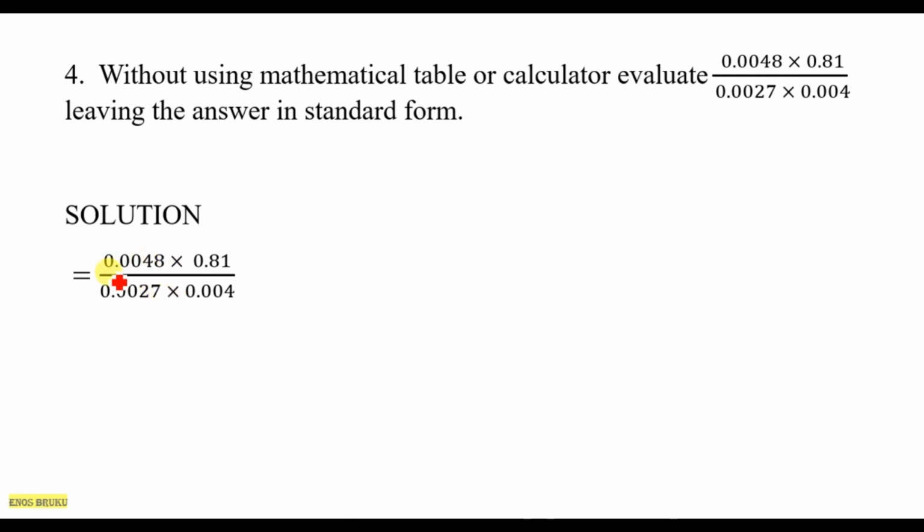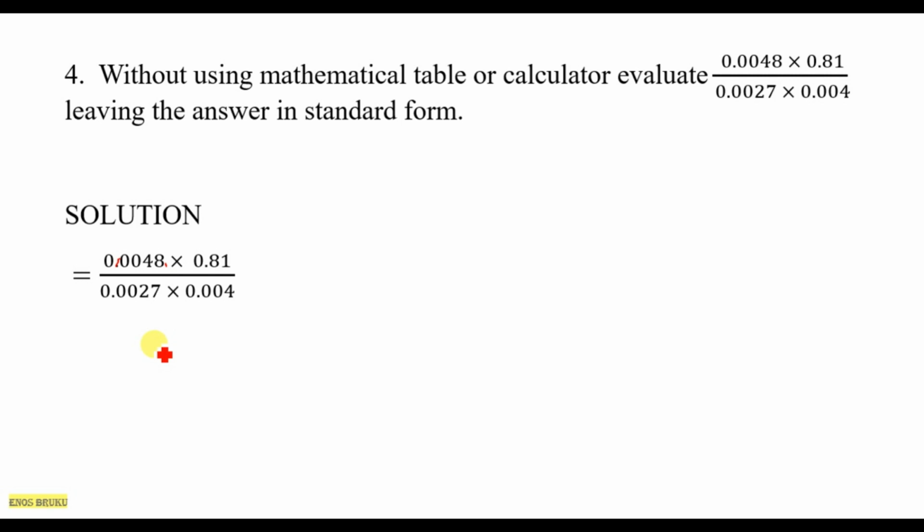So what comes to mind is, let's remove the decimal point, because mind you, the question stated that we should not use mathematical table or calculator. So the examiners will expect to see some key elements in your solution which will tell us that you actually understand the concept we are working with.